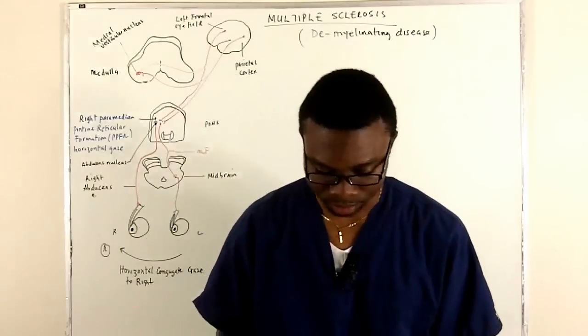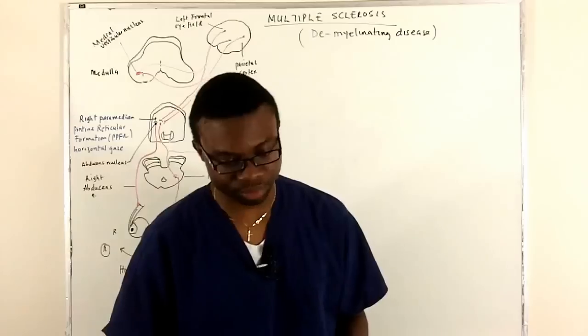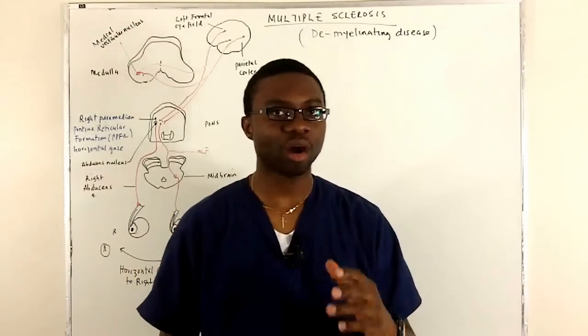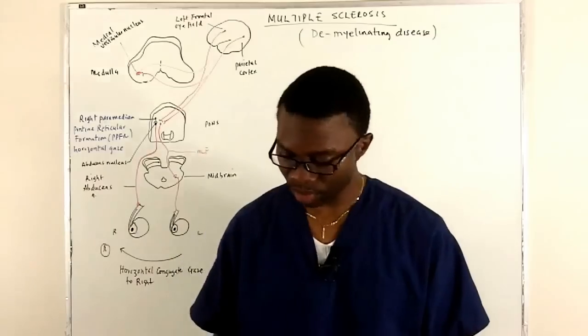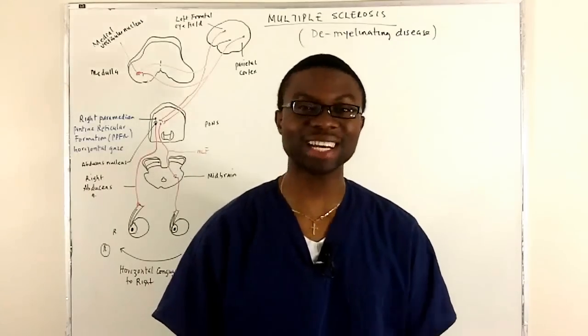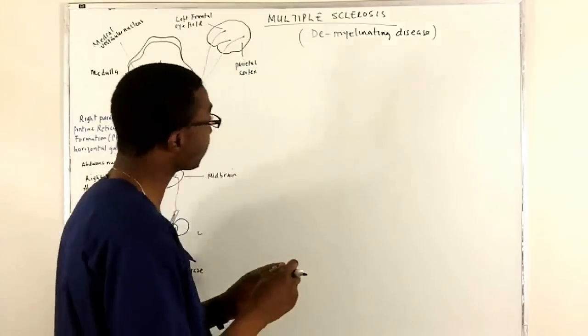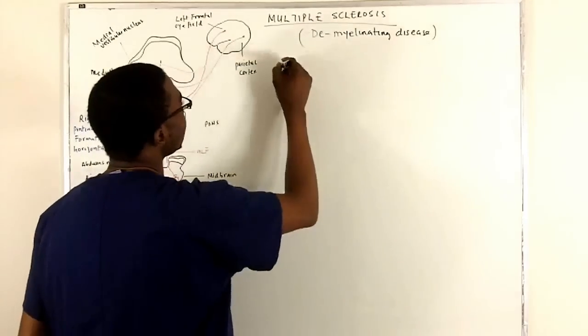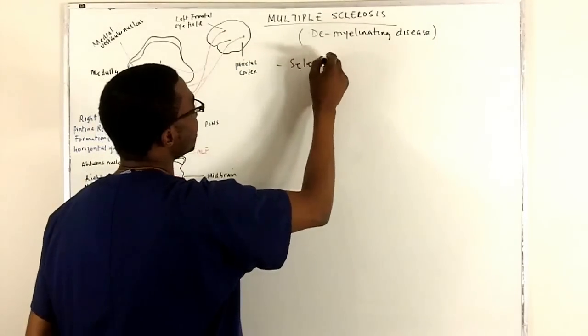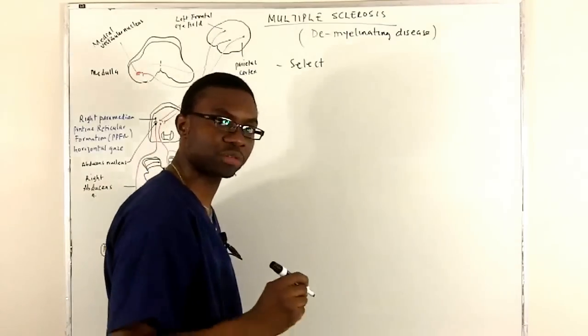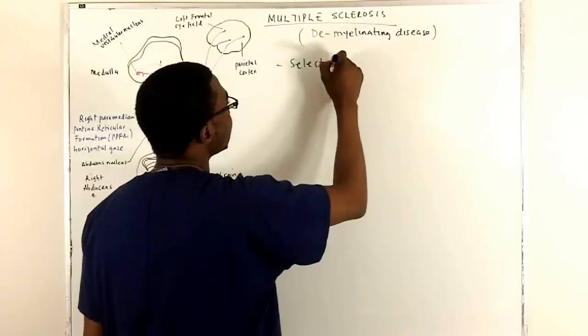Yes, I think so. So, now let's talk about the pathology of multiple sclerosis. Well, in this case, this is actually a selective demyelinating disease of the central nervous system. Selective means it picks specific parts of the central nervous system that are going to be affected.